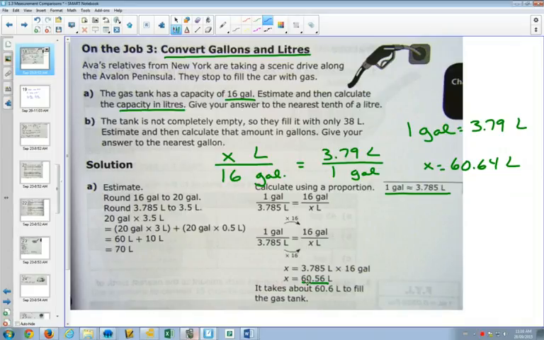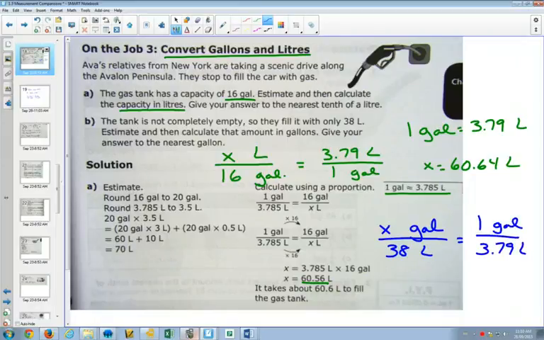Okay, so for part B, they fill it with 38 liters. How much is that in gallons? So now we want to know how much it is in gallons. For 38 liters, we can use the same conversion. We know that 1 gallon is 3.79 liters. Multiply both sides by 38.